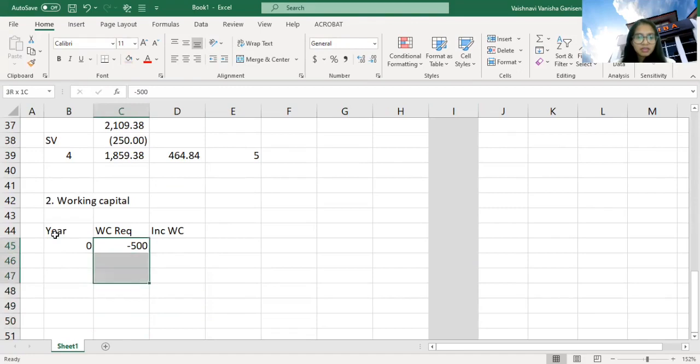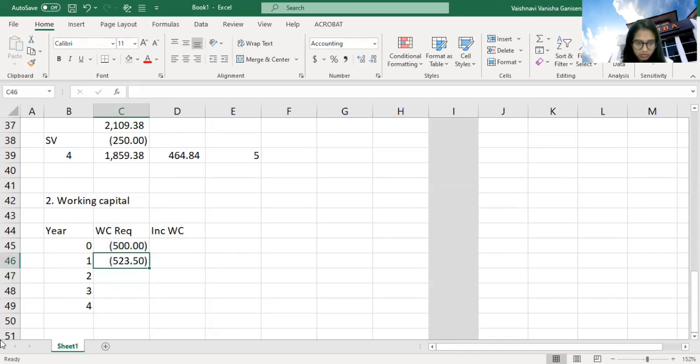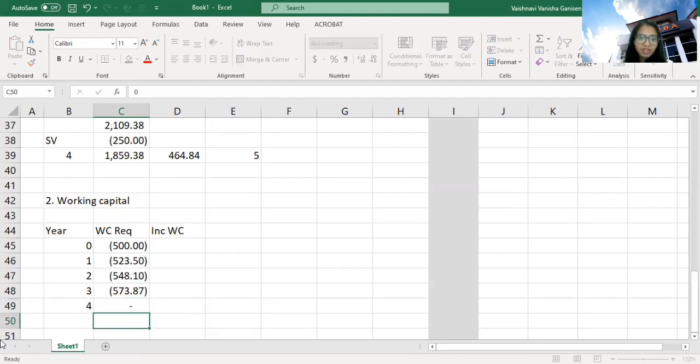Okay, then what you need to do is calculate your working capital for year 1, 2, 3, and 4. So 1, 2, 3, 4. Remember, whenever you want to increase, you equals to the top value multiply 1.047. So here you copy and you paste it up to year 3. And then year 4 you don't have any value.